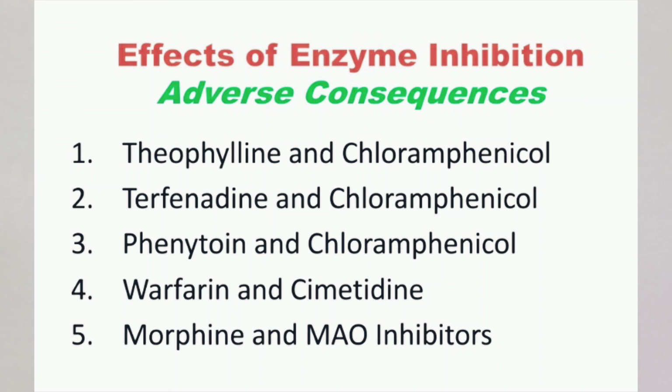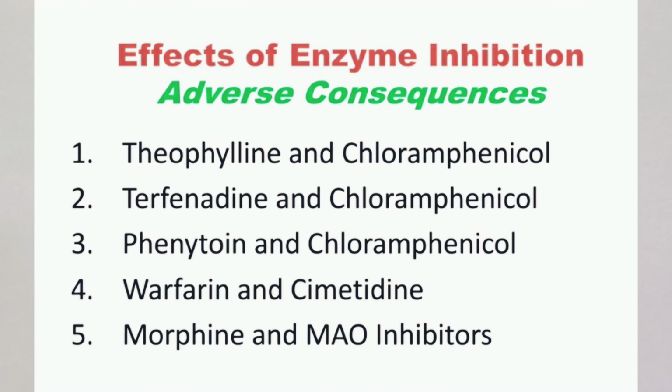The second example, terfenadine when administered with chloramphenicol. So chloramphenicol is an inhibitor of hepatic enzymes, thus increases the concentration of terfenadine, and this leads to precipitation of cardiac arrhythmias.